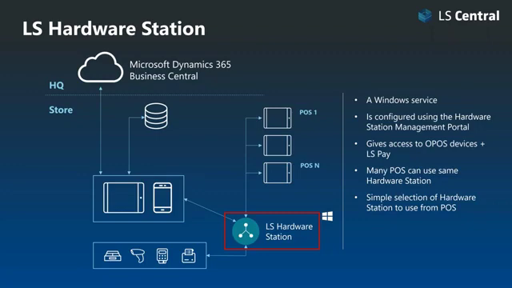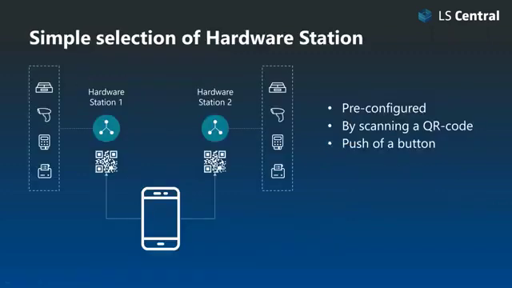Now, the hardware station can share peripherals between many POS devices, which is nice and can lower investment cost and simplify setup and operations. It is also simple to select what hardware station the POS uses. That can be pre-configured in the LS Central hardware profile, where you specify that this POS will use this hardware station, or the user of the POS can simply select on the fly which hardware station they want to use at the moment by scanning a QR code that is placed next to each hardware station.